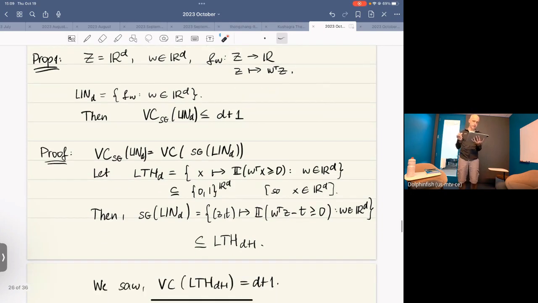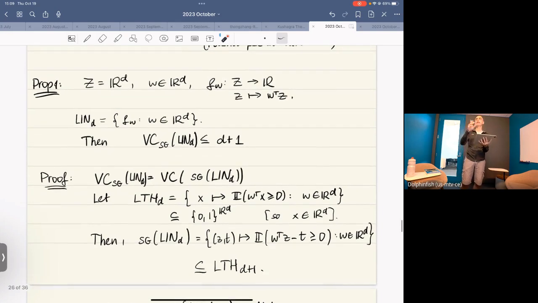So there is a subset relationship, and it's true that if you have some class and you have a bigger class, then the VC dimension of the first class is less than or equal to the VC dimension of the second class. Why? It's because of the definition of shattering. If something was shattered by the smaller class, it's definitely shattered by the bigger class. So the VC dimension is monotone for inclusion.